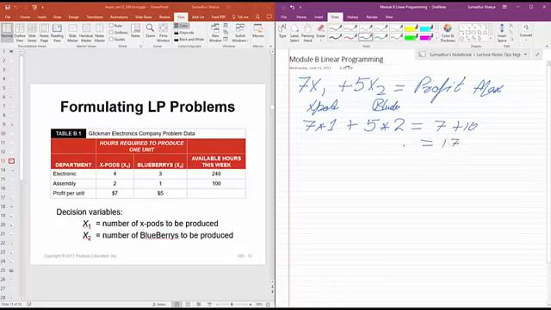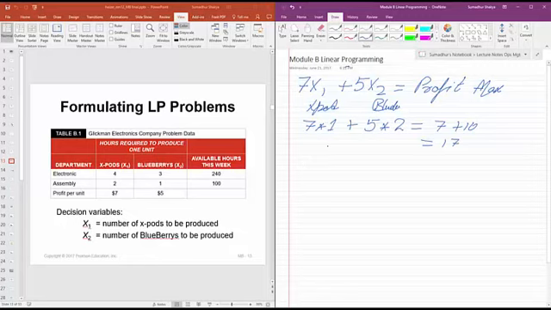So this is our profit function. If this is the case, then we can hypothetically say, why don't we make as many Xpods as possible and as many Blueberries as possible? That is what we should be aiming for.